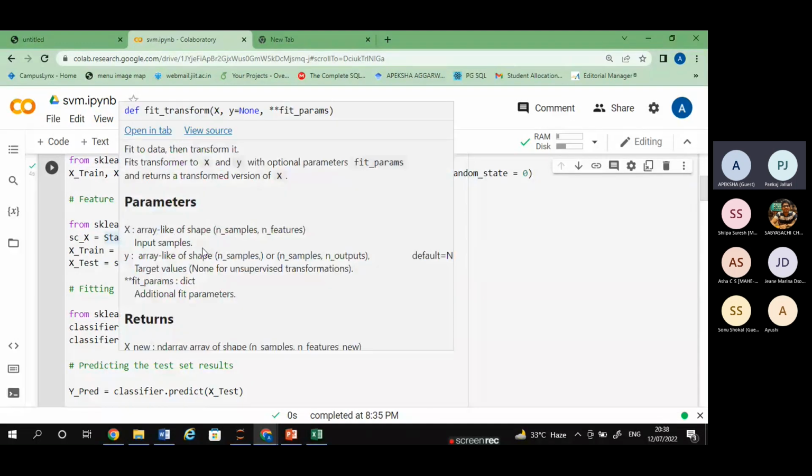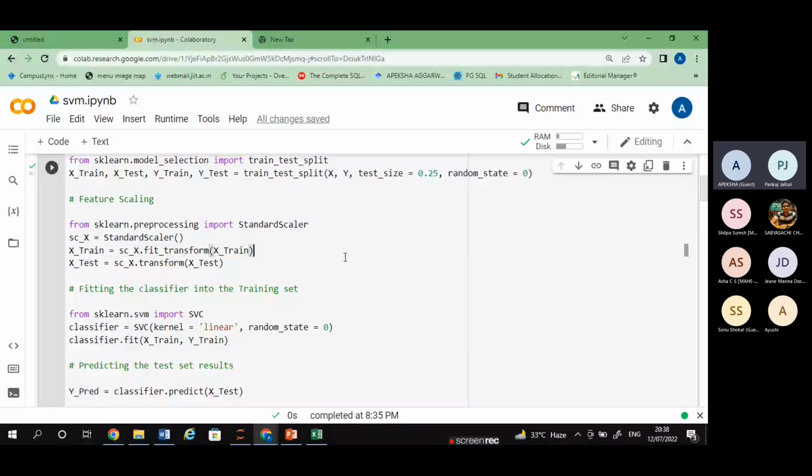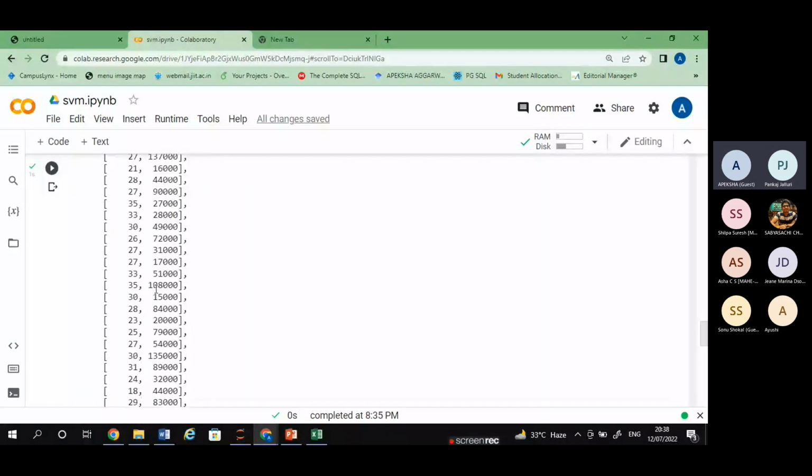Basically, I want to scale the X features. Scaling means I want to change the values because they range from 0 to 25,000. So I want to scale it. So I have used a standard scaler to some range, maybe some normalized value. If I print it, you can see the scaled values. This is the original X values.